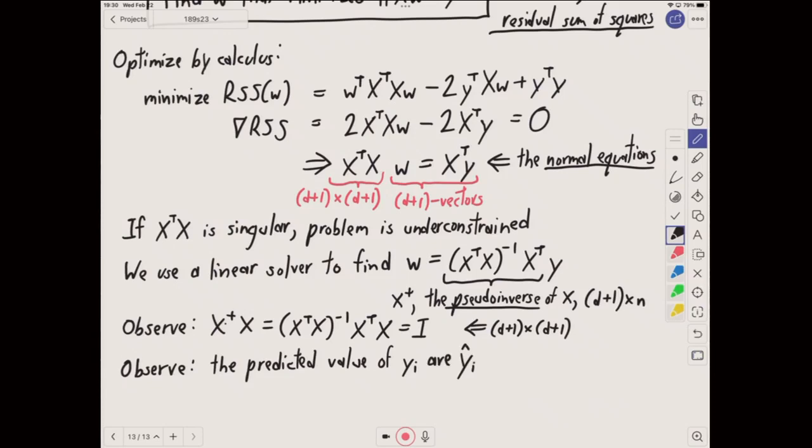Remember, statisticians like to use hats to mean a predicted value. And the predicted value is w times x_i for a sample point x_i, so the inner product of w and x_i. That's the value we predict. It's not necessarily the same as the actual value.